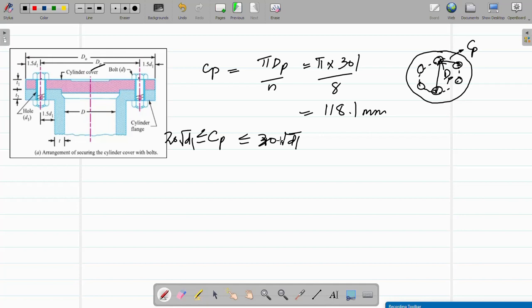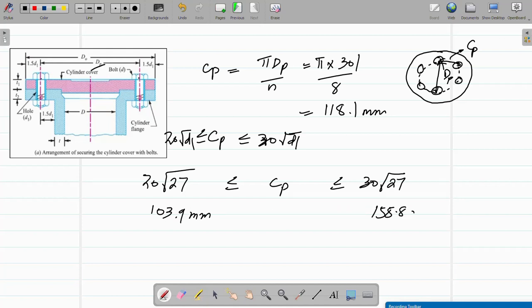You want to check that, so we find both ranges and see whether 118 mm lies in between. 20 under root d1 is 103.9 millimeter, and 30 under root d1 is 155.8 millimeter. See, our value 118.1 lies in between. So it's leak proof.